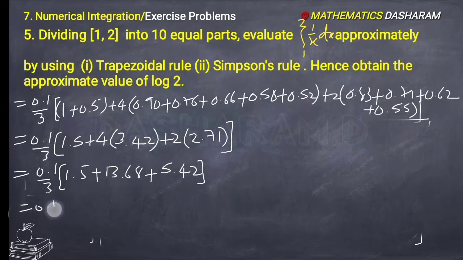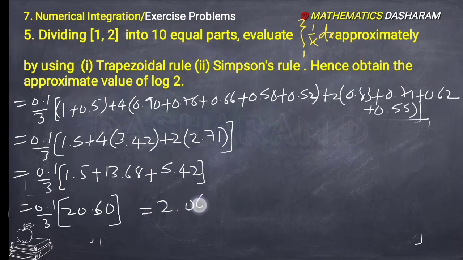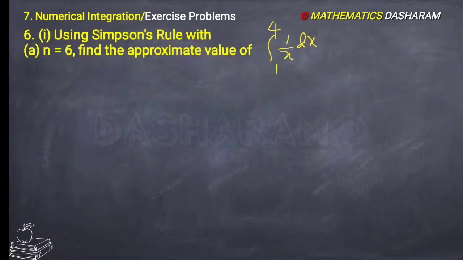The addition of these three numbers is 20.60. So 0.1 into 20.60 is 2.060, divided by 3. The answer is 0.686. This is our required answer.